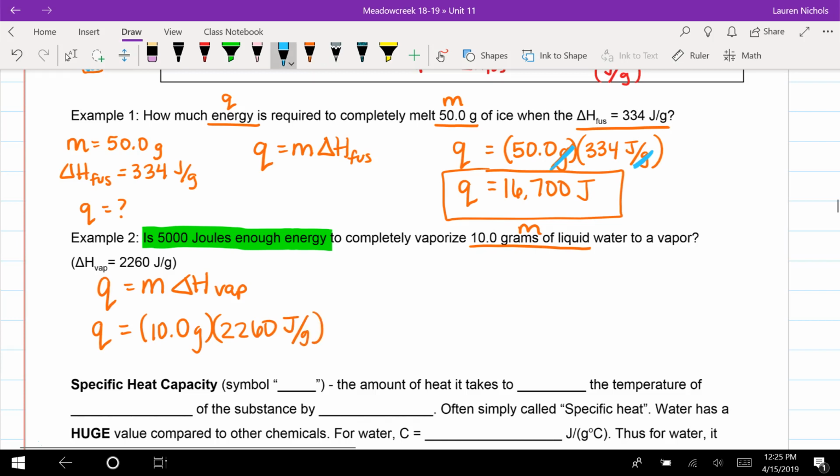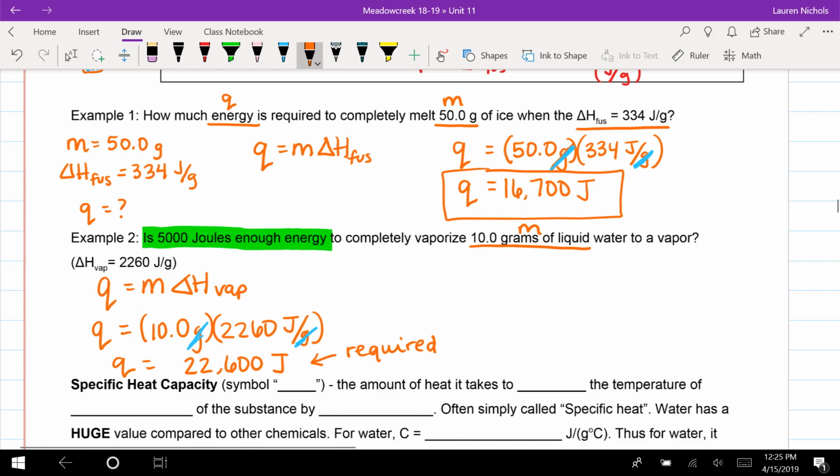And we'll be able to see that grams are going to cancel out. And when we multiply 10 times 2,260, we will get 22,600 joules.